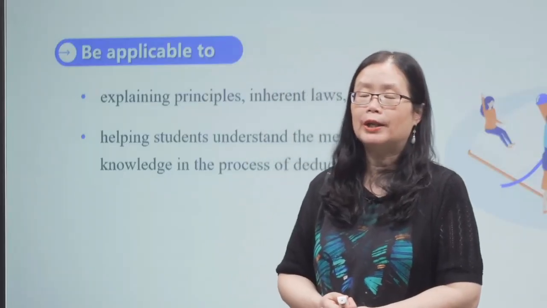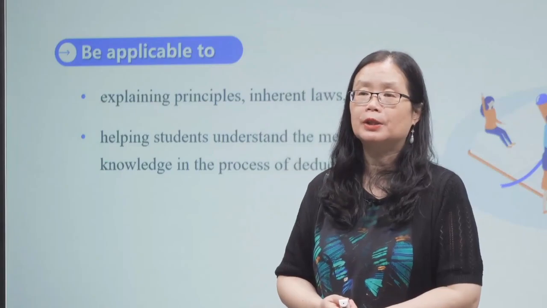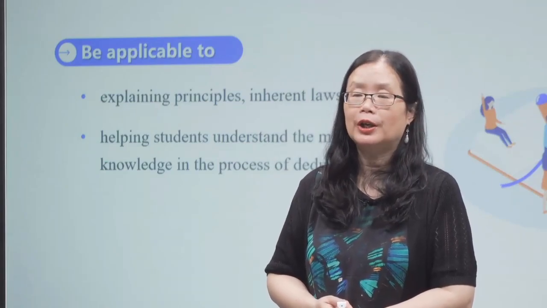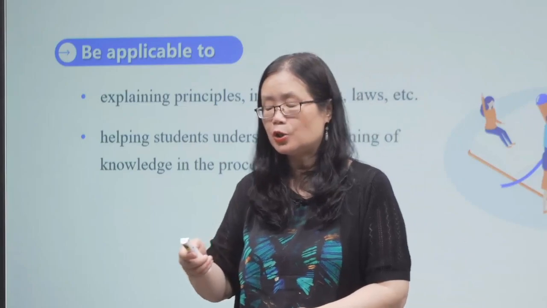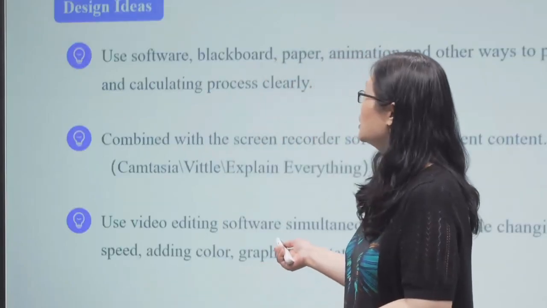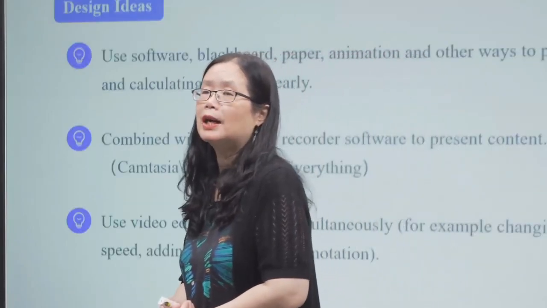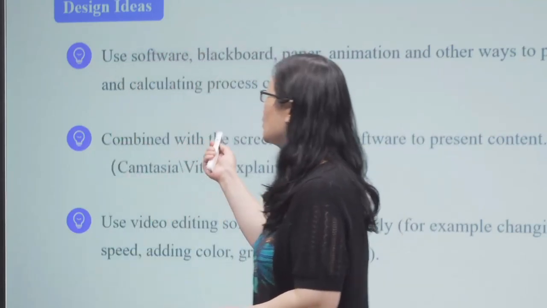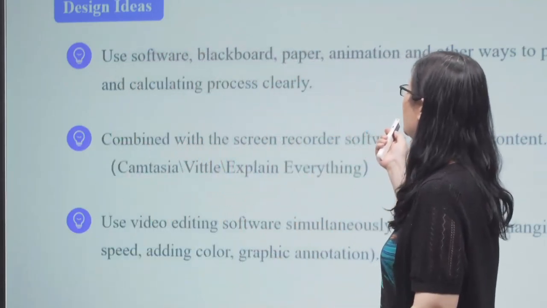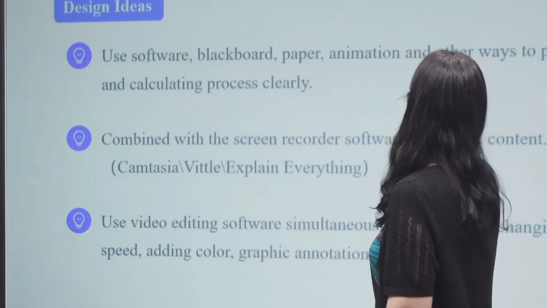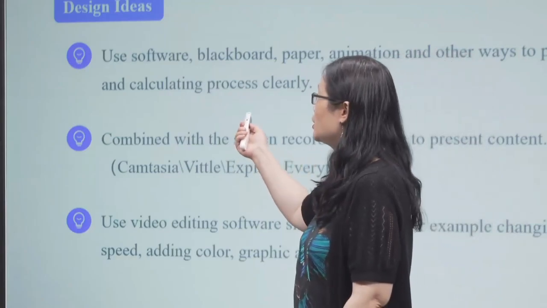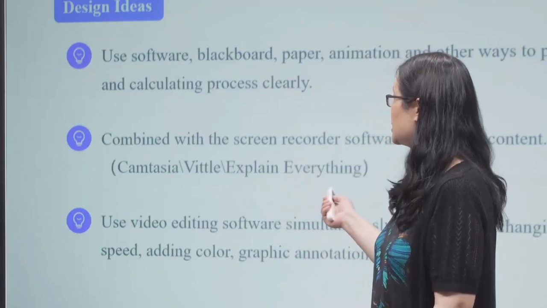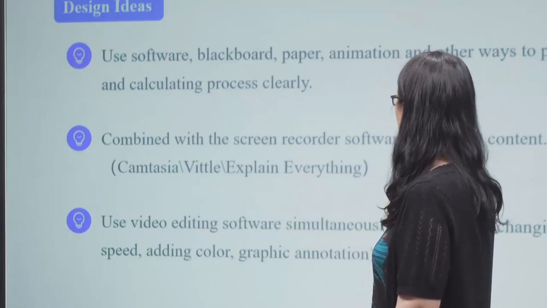This is the way we want students to learn something in certain procedures, so they can understand what to do at each step. When designing this kind of course, I think we should use software, blackboard, paper, animation, and other ways to present the reasoning and calculating process clearly. We can combine this with screen recorder software to present content.